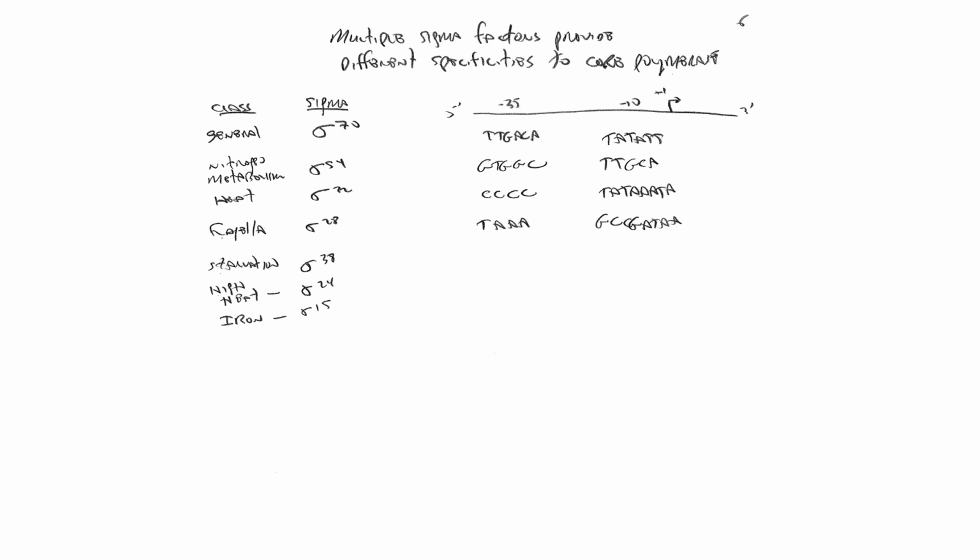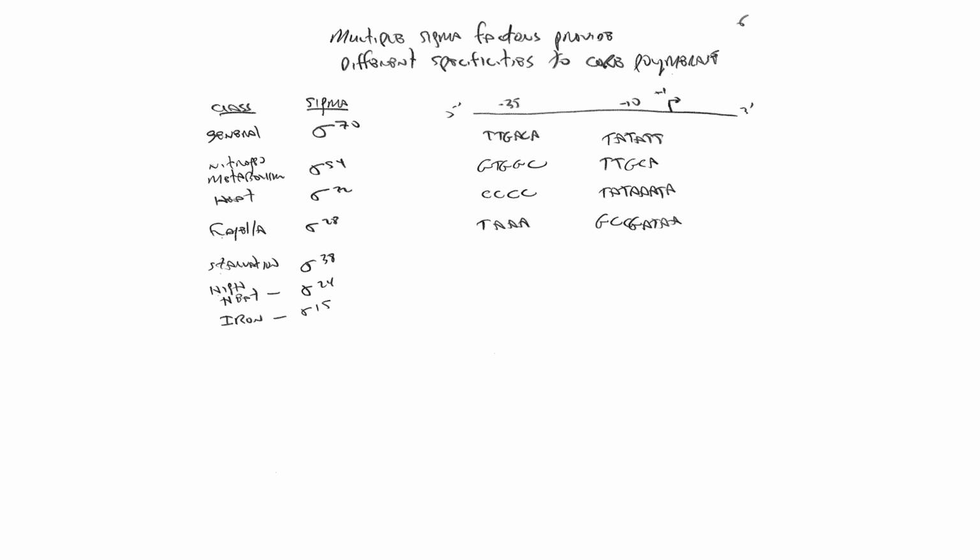So let's start out, first of all, by looking at the column that says sigma. These are the different sigma factors that have been identified, and the number represents the size. So 70 kilodaltons, 54 kilodaltons. So we have sigma 70, sigma 54, sigma 32, sigma 28, 38, 24, and so on.